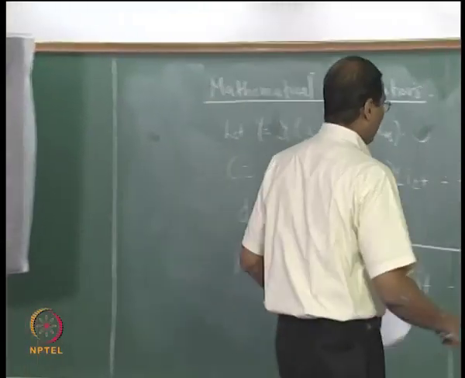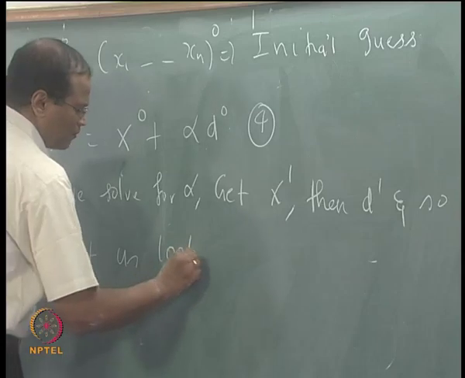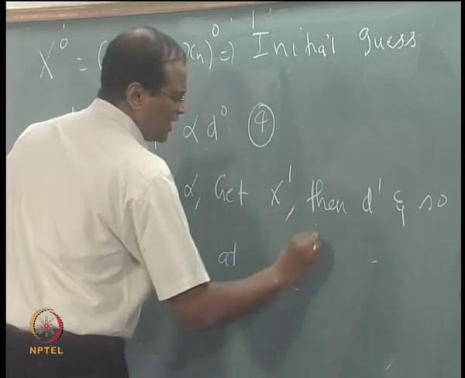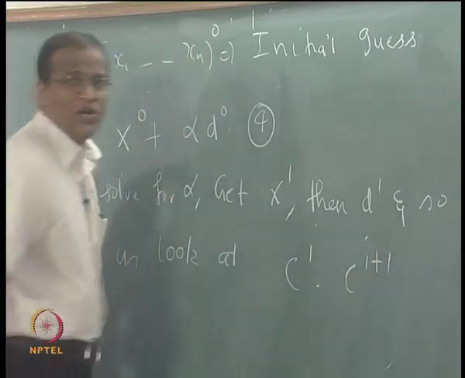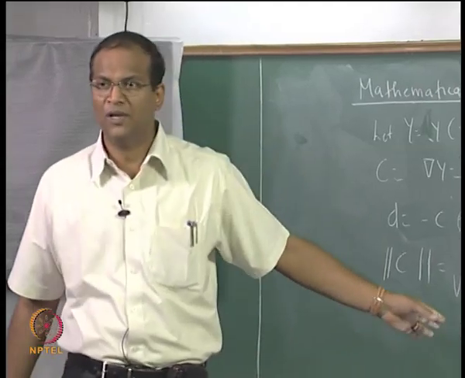Now we are curious to look at the product of Ci and Ci plus 1, where C is the gradient of y. I am trying to see whether Ci into Ci plus 1 equals 0, so that the new direction is always orthogonal to the old direction. It has to be so, but now we will prove it formally.